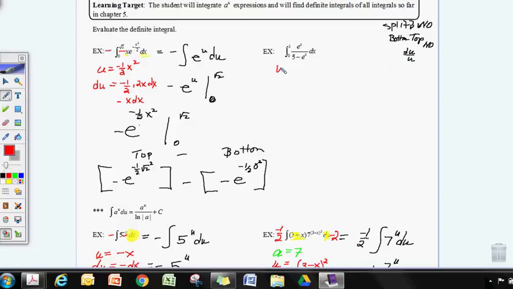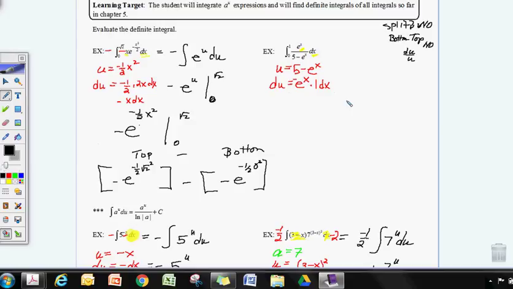My u value becomes the entire bottom, because that's where the u would go, which means my du, the 5 becomes a 0, the negative e to the x, and then times the derivative of x, which would be 1, dx. Hey, all of my pieces are in here. Can you see? Here's my dx, here's my e to the x.